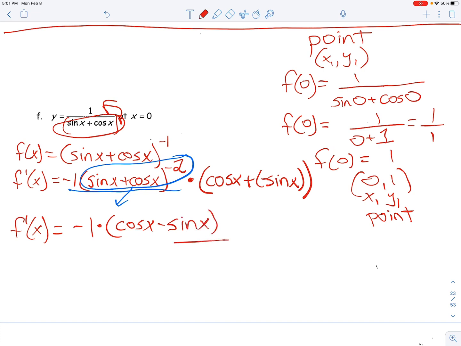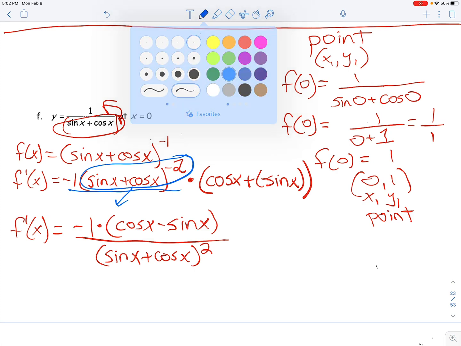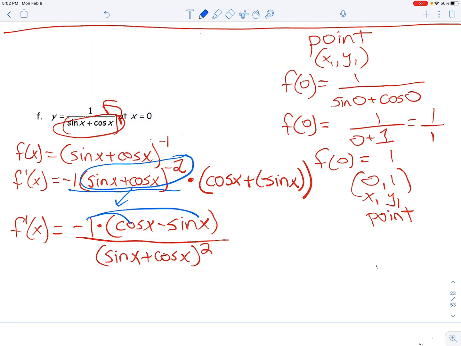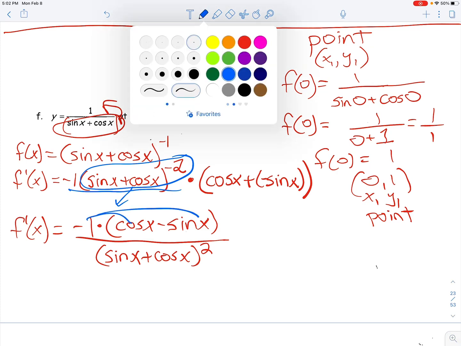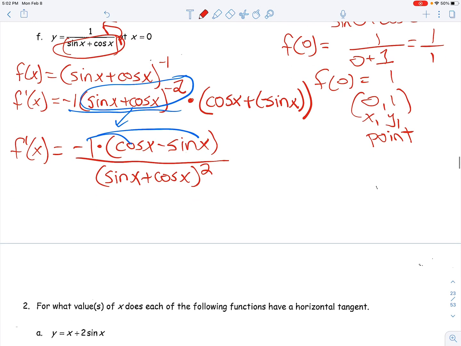So f prime of x is going to be negative 1 multiplied by the derivative of the inside, which is cosine x, plus negative sine x. So I'll just write that as minus sine x over sine x plus cosine x squared.